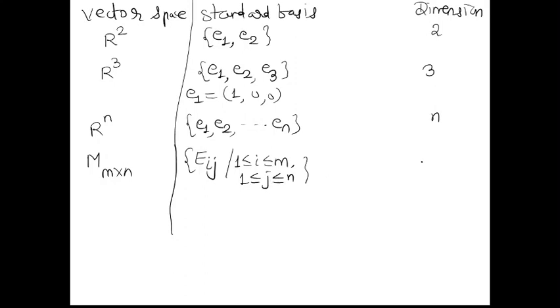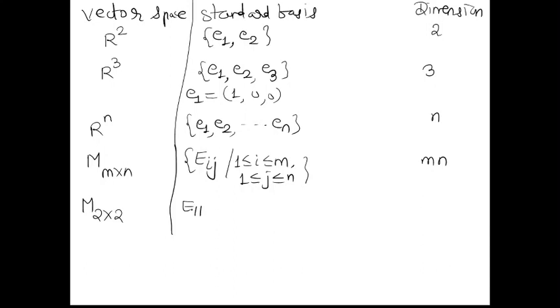So in this case, the dimension is m into n. Let us try to understand this in particular. If I have the 2 by 2 matrix space, what are its standard basis elements?